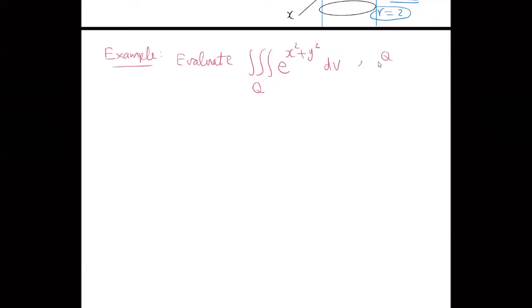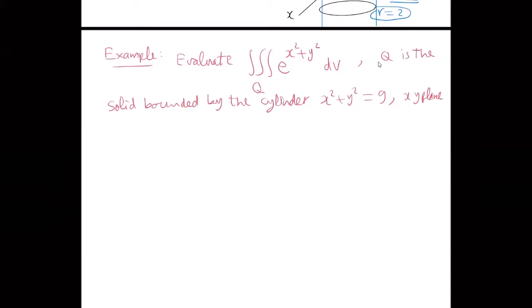Q is the solid bounded by the cylinder x squared plus y squared equals 9, the xy plane. So it is not the infinite cylinder, of course.